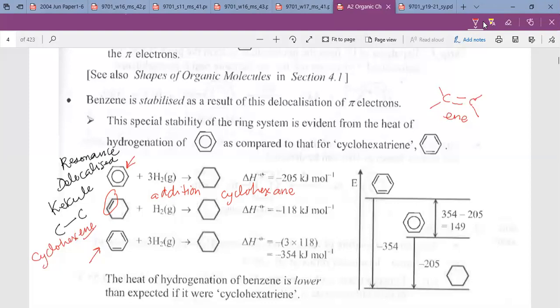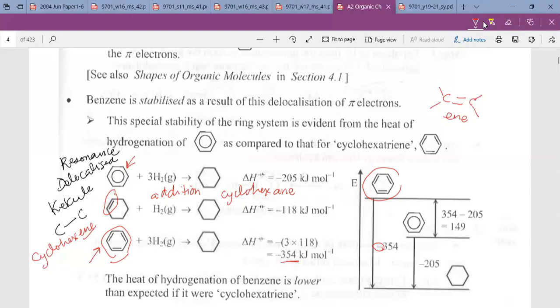They found that the heat given up for one double bond is minus 118, which is exothermic. So if there were three double bonds, the hydrogenation would give up 3 times that. Why is it going down? Because it's negative. So they found that it's minus 354.